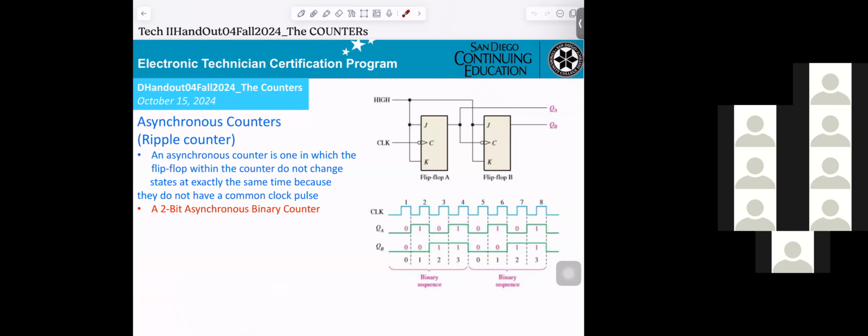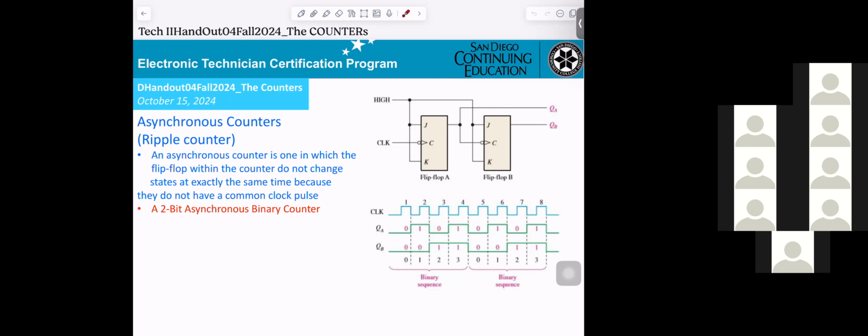That is counting up. And you can also count down. That means if you start from 15, then you count down to 14, 13, 12, 11, 10, 9, and down to 0. You can count up or count down.